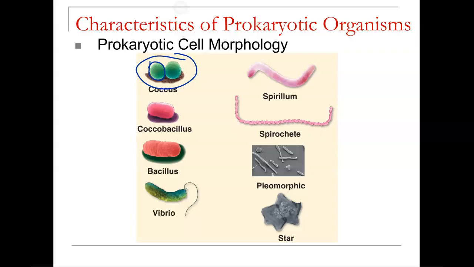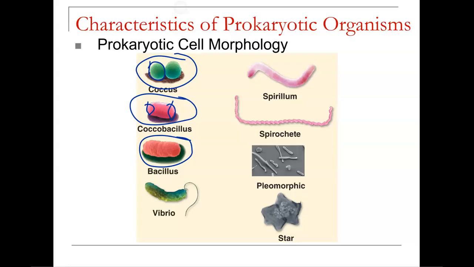Then we're going to have the bacilli. That is going to be a singular rod-shaped cell. So we have a coccobacillus there. Notice how the ends of it are kind of circular, and then we have the regular bacillus here. Now that coccobacillus is going to be an intermediate between the cocci and bacilli.